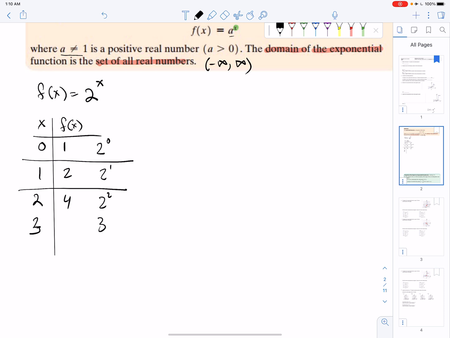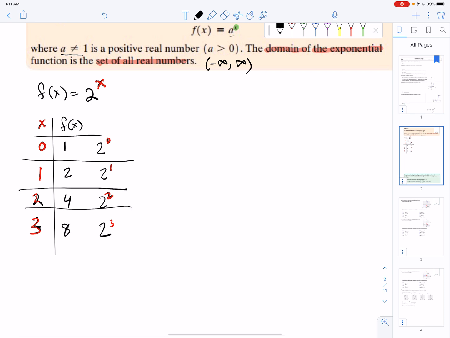The base is 2. So just so you can see where I'm putting this stuff, there's our x values that we're putting in for the exponent. So here we are putting in a 3 in for x. And so it's 2 to the third, which is 2 times 2 times 2, which is 8.